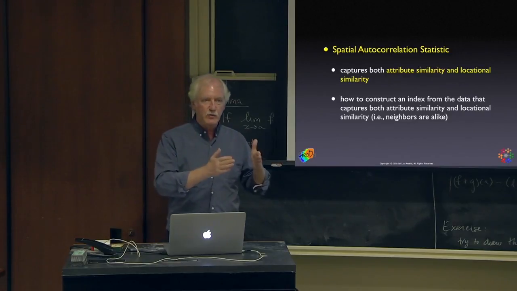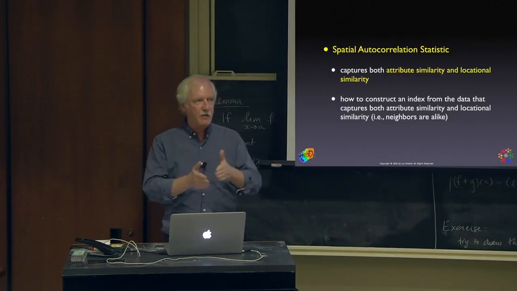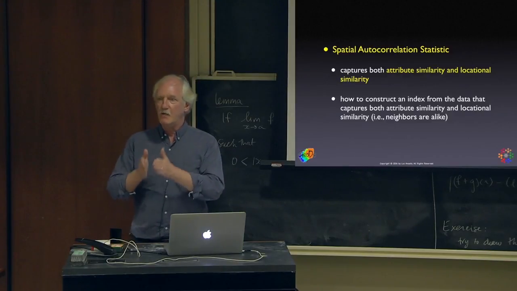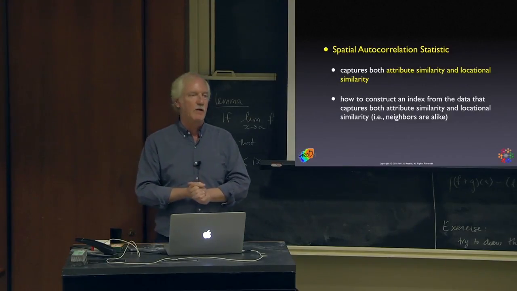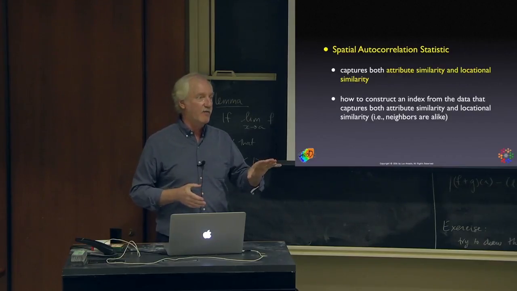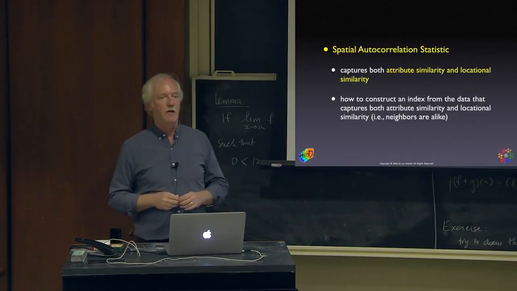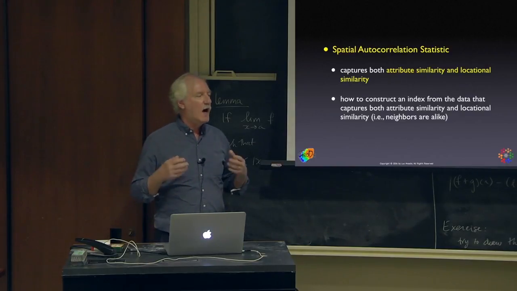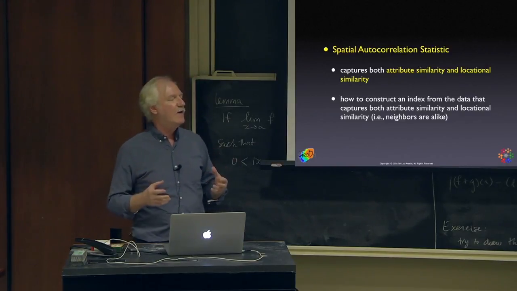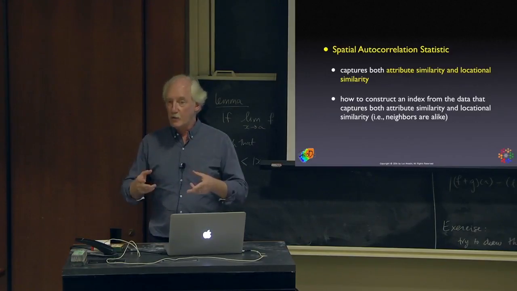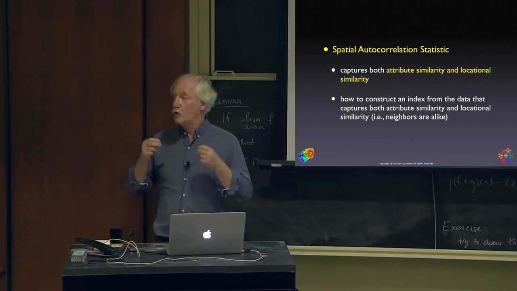So what we need to do here is get that specific context to define what we mean formally by attribute similarity, right? But that's not enough, because the other part is locational similarity. So in other words, how do we formally define whether two observations are neighbors, are quote-unquote close?